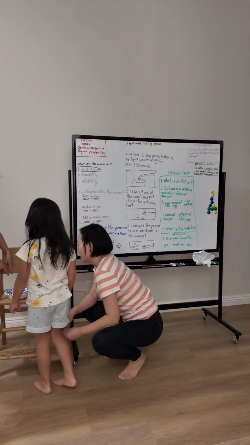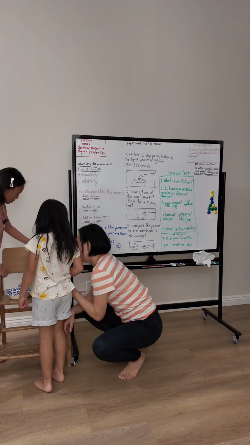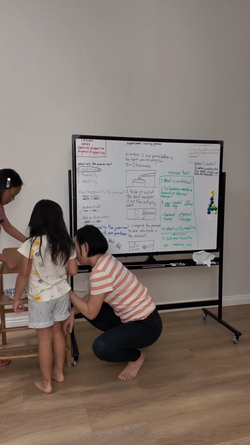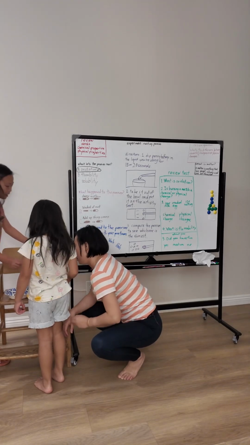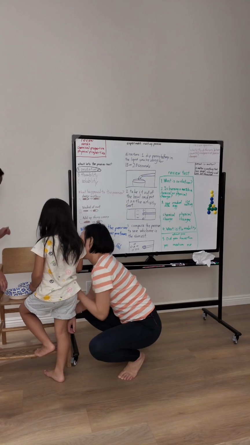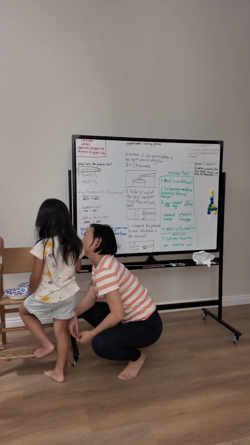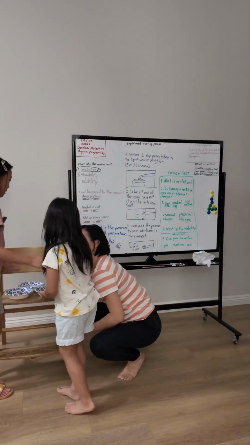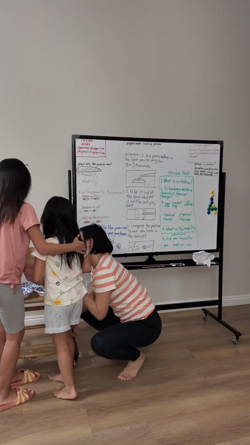Dip one only in vinegar or with salt. Vinegar with salt. Okay, I'll pick this one. Okay, I pick that one. And what about you? So the rest. Okay. Which one? Do you want to go first?